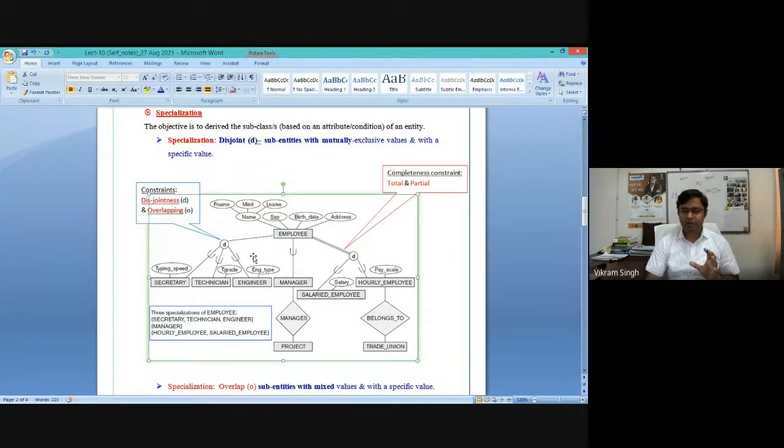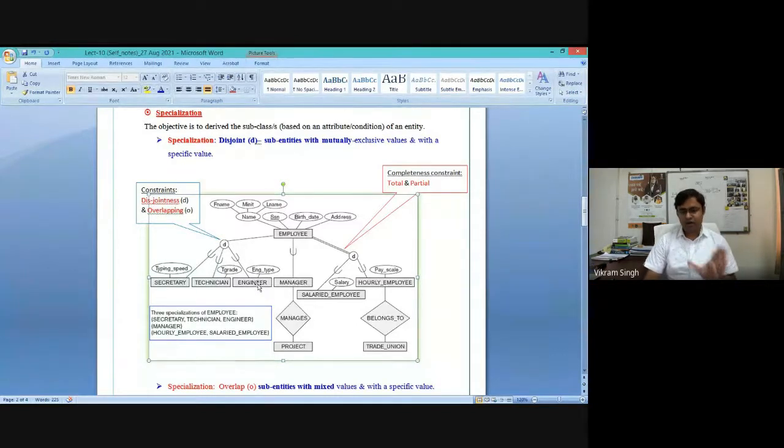So we have performed the first type of specialization of employees in our organization, and we have defined three entities for three different types of employees, and we have placed the relevant specific attributes with each sub entity. You can see for secretary it is typing speed, for technician it is T grade, for engineer it is engineering type, right?